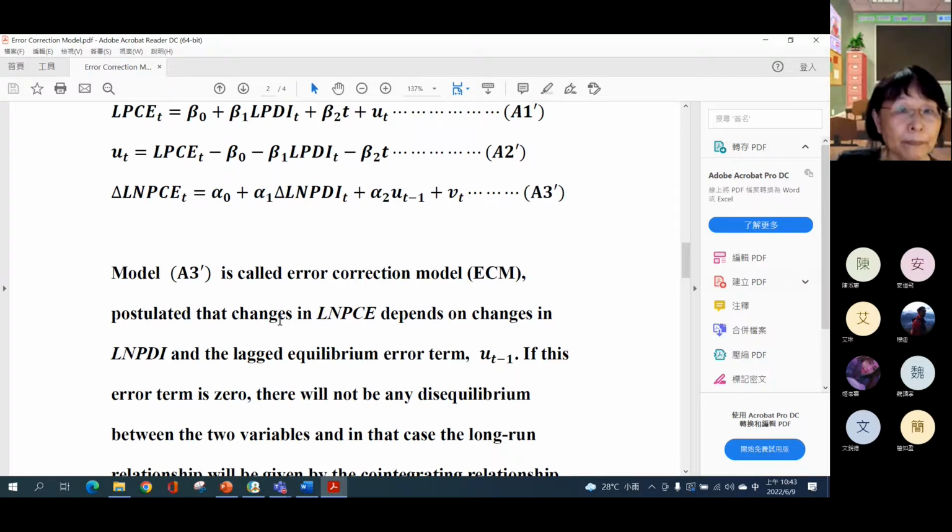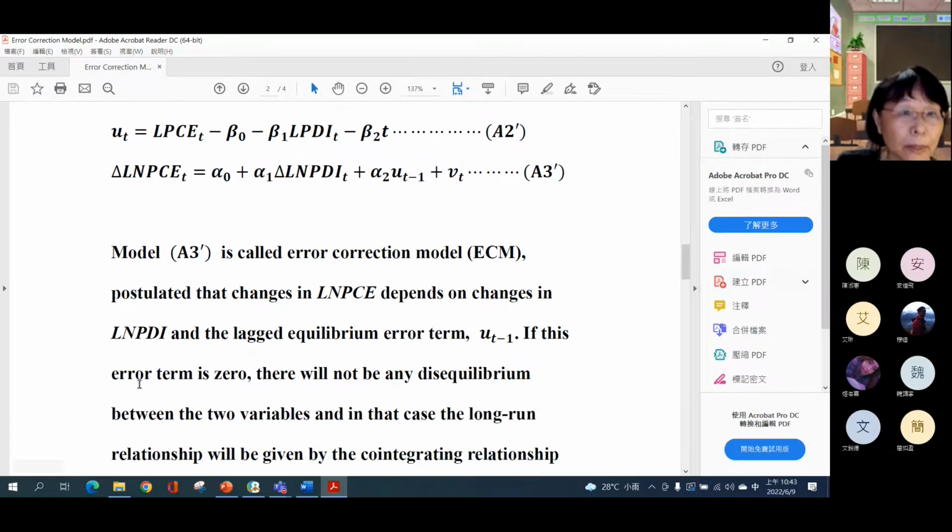And it says that the change in LMPCE depends on changes in the LMPDI and also the lagged equilibrium error term, UT minus 1. So if this error term is 0, what does it mean?